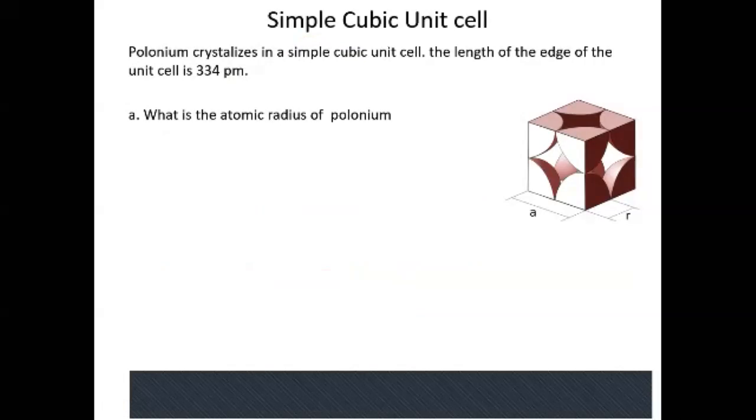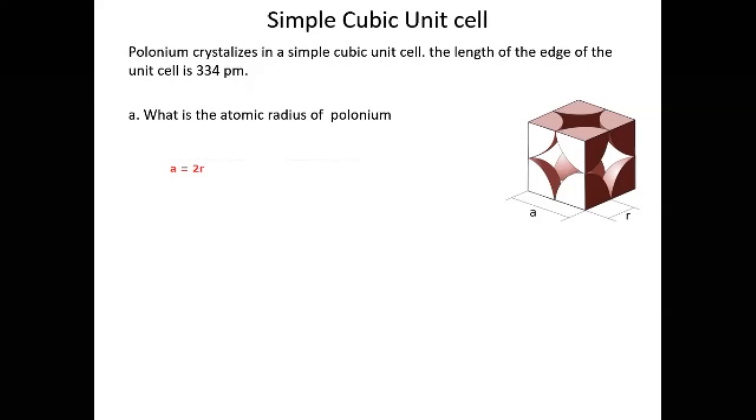And to answer this question, you have to look at the diagram at the right, and you see that A is equal to 2 times the radius of polonium. Because if you look here, A, which is this length here, includes 2 halves of an atom.